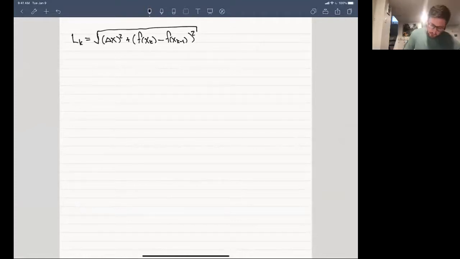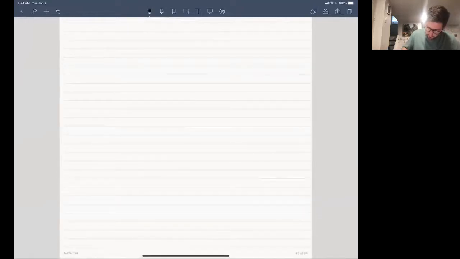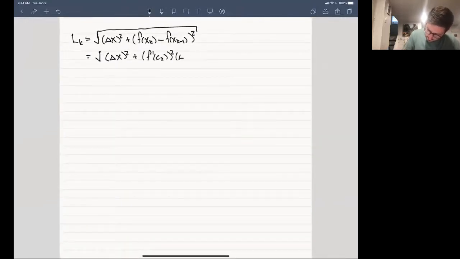Now, from the mean value theorem, I get that this is equal to delta x squared plus f prime of c_k squared times delta x squared. So I broke up the product because I'm going to factor out a delta x squared from both of these terms.